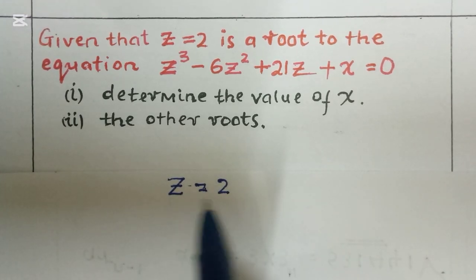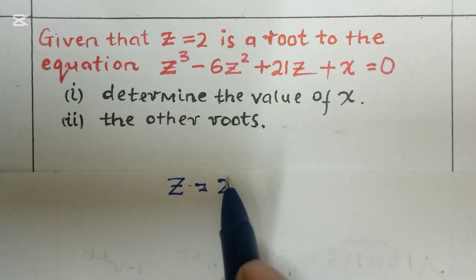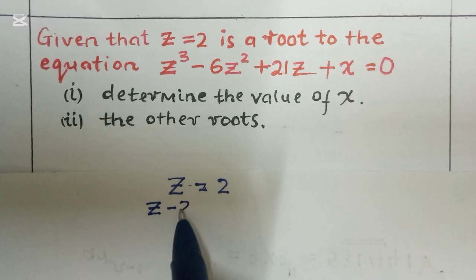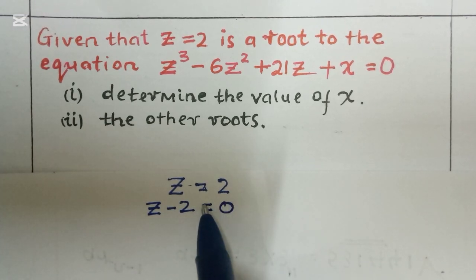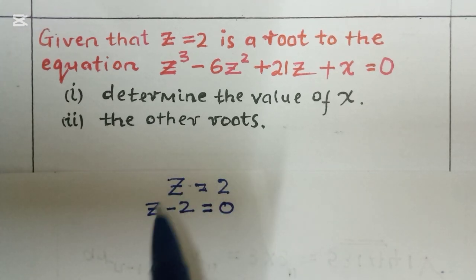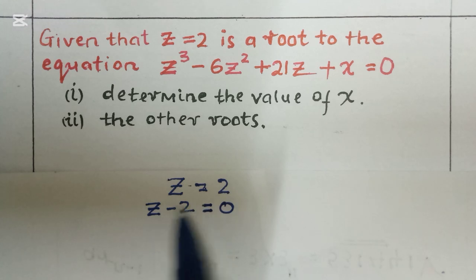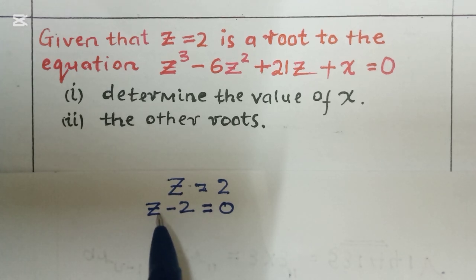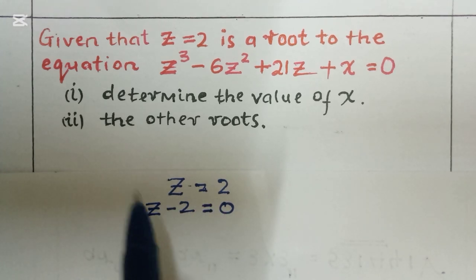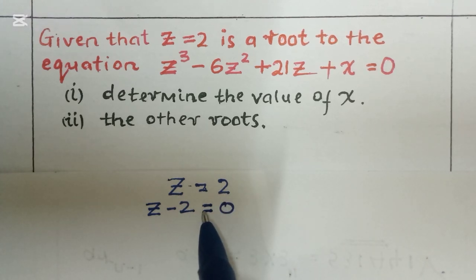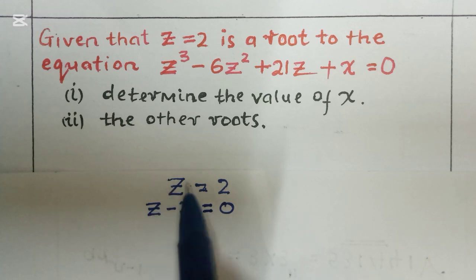What we do is bring 2 to the other side so that we say z minus 2 equals 0. Just like in a quadratic equation, when we are finding our solution, this is normally the last step, and this is normally the second last step. And from there we usually say that z equals 2. But remember we come from here, whereby we have 2 factors. This is one of the factors, and then we say that z equals 2.